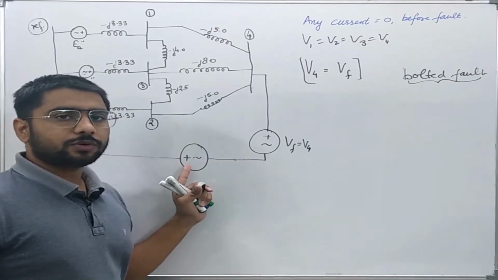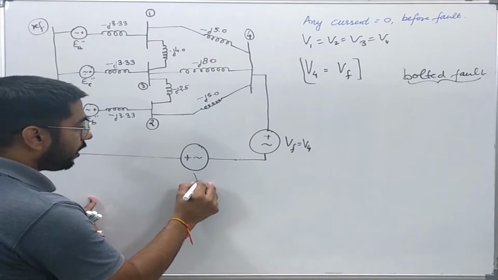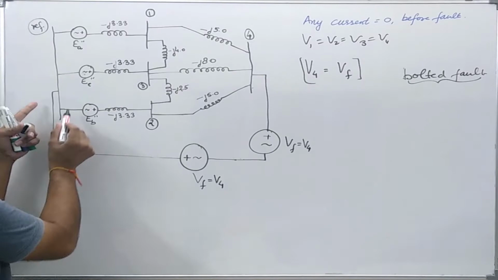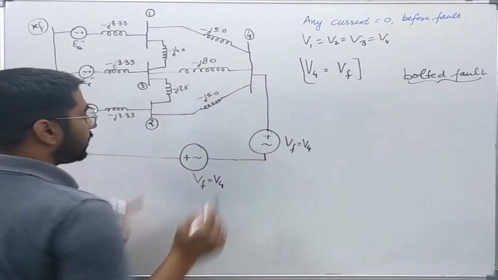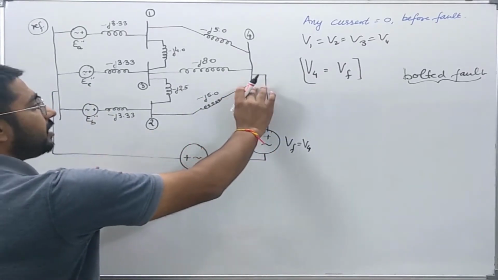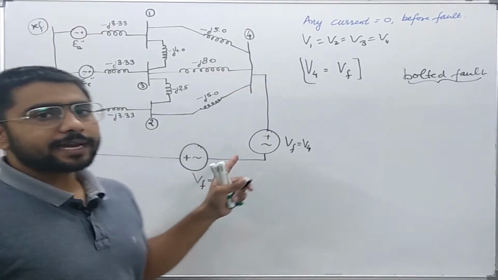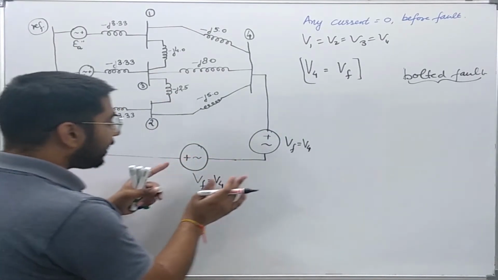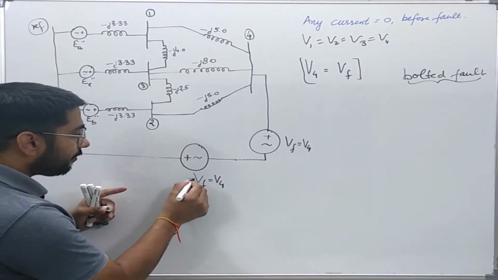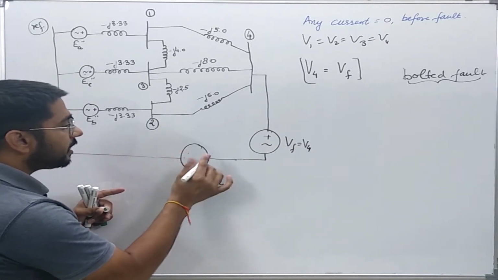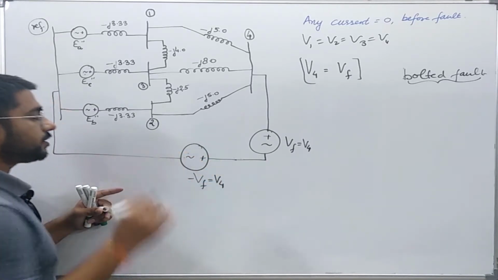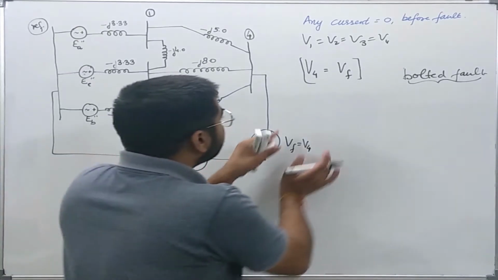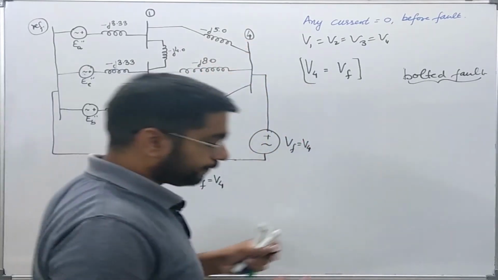If this voltage source has value Vf equal to V4, then by KVL I can see that the voltage at bus 4 will be equal to 0. So it is like simulating a fault on bus 4. If I want to write it as minus Vf, I will change the sign and represent the source like this. So as of now, I have tried to simulate the fault on bus number 4.